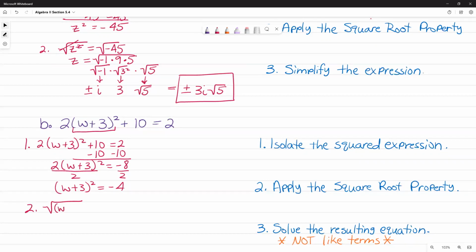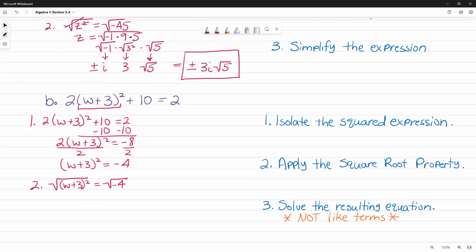Again, I'm just getting rid of the square. The square root of -4 becomes w plus 3. And I know that the square root of -4 is the square root of -1, which is i, times the square root of 4, which is 2. So this is plus or minus 2i.